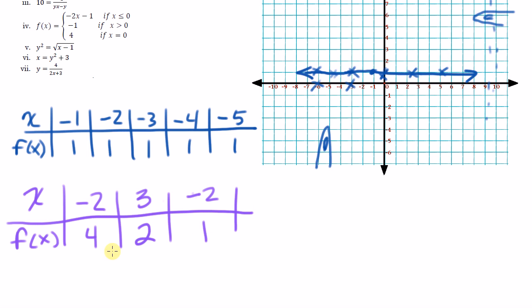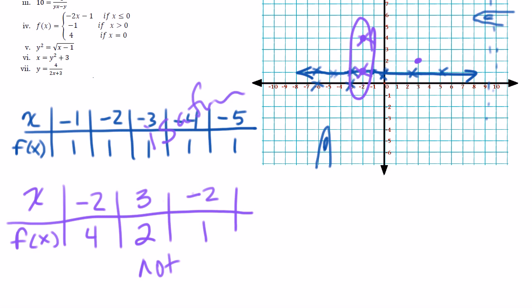So when I go over here and graph this, -2 goes to 4, at 3 it's at 2, at -2 it's at 1. Wait a minute. That's the issue right here. I end up with two values. So this is not a function. And this one is a function.